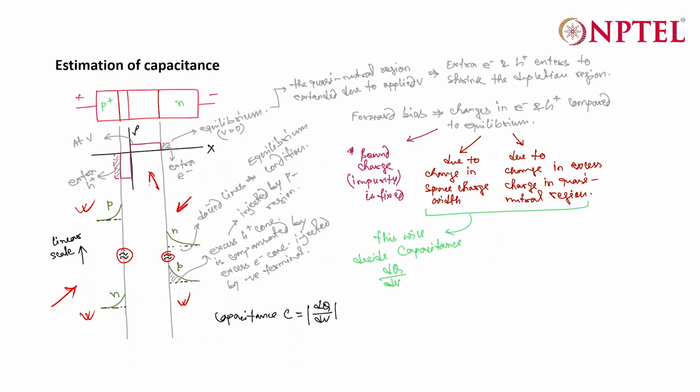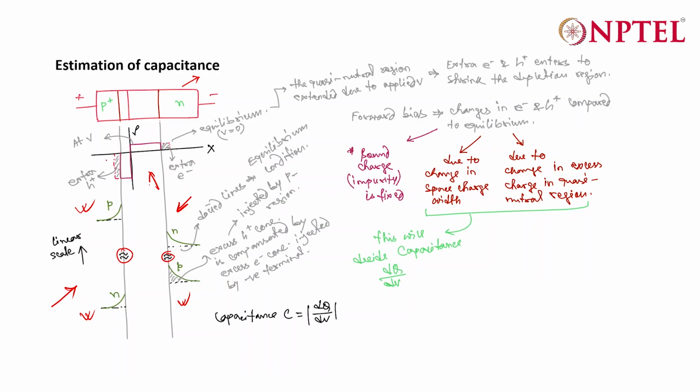Now, when you apply voltage, your space charge region or depletion region shrinks, right? And when it shrinks, your quasi-neutral region, that is this region, will expand. That we already have seen.